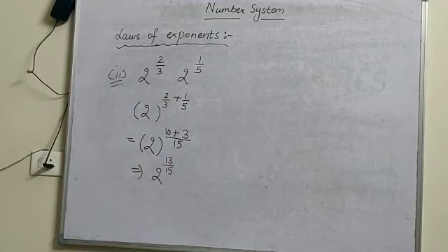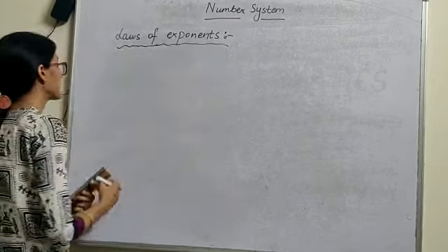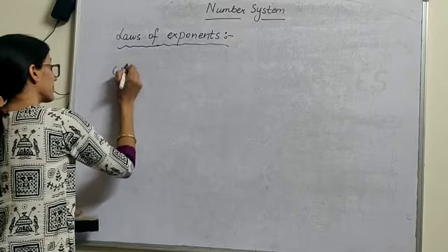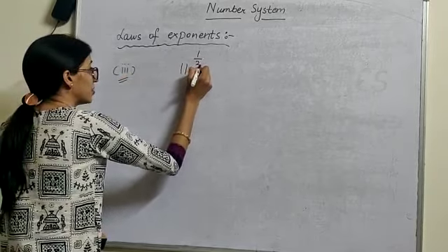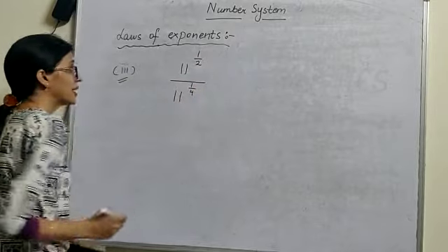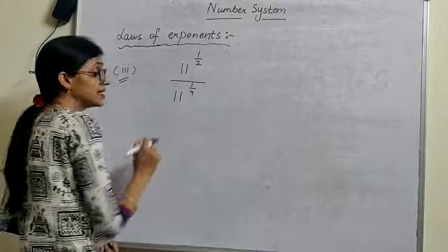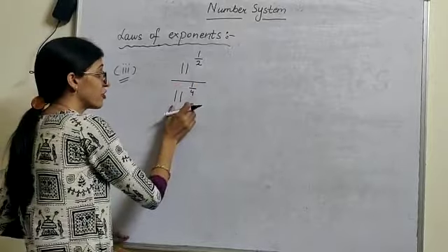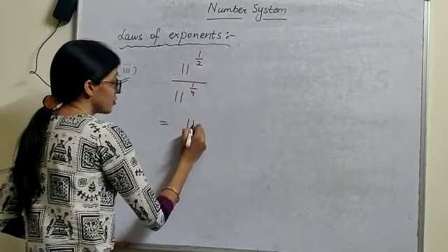Let's do the next question. 11 raised to power 1/2 divided by 11 raised to power 1/4. Now, both the bases are same. When the power goes from the denominator to the numerator, it changes its sign.